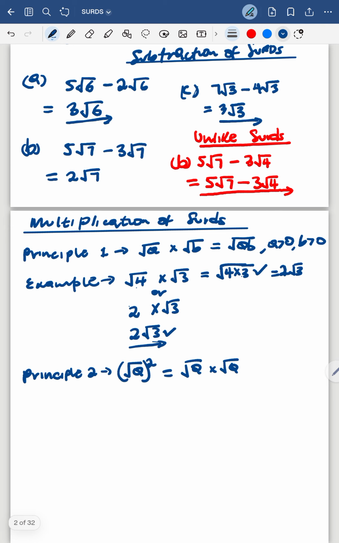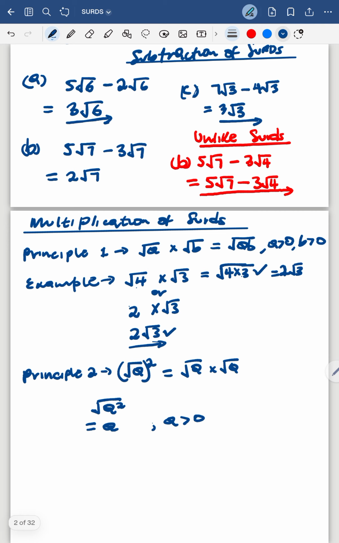What I want to emphasize is that if you are given a problem like this, then your answer will be A, where A is always greater than 0, because A can never be negative under the square root.